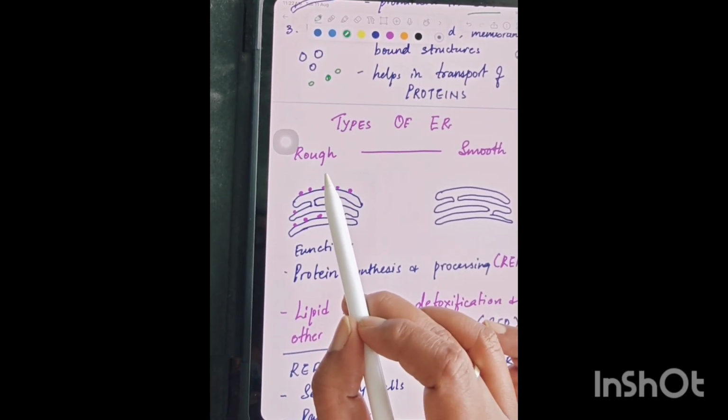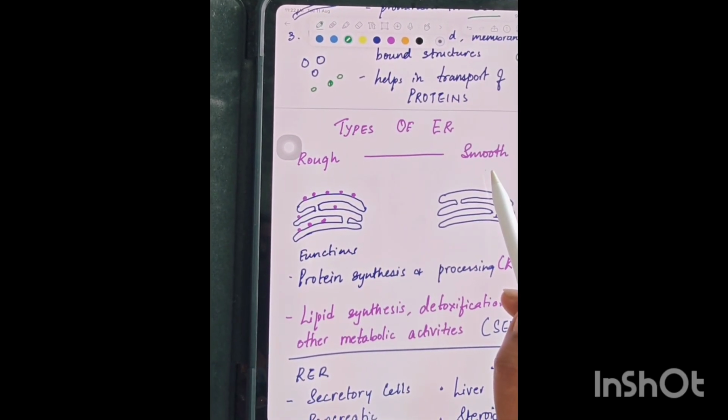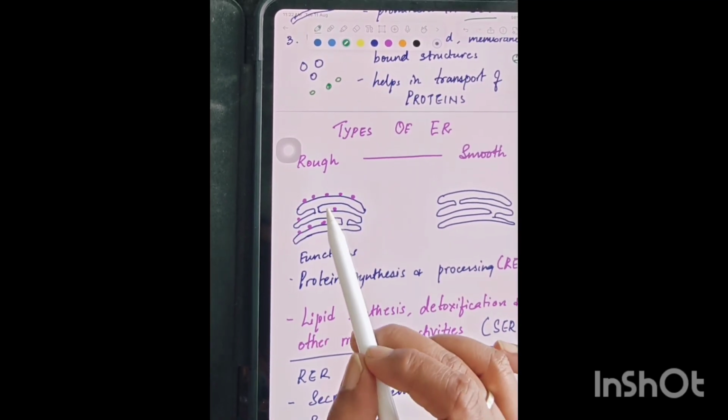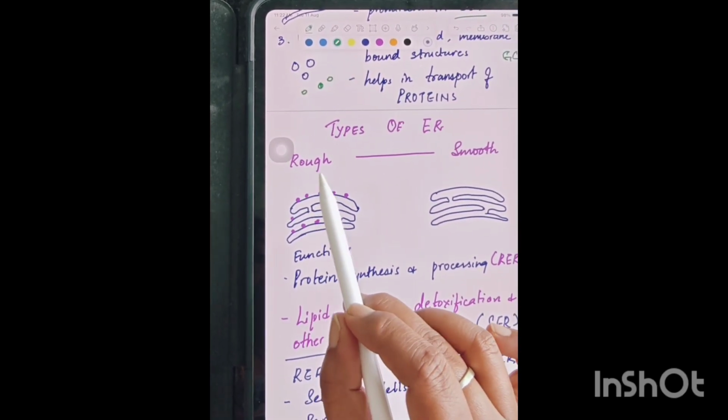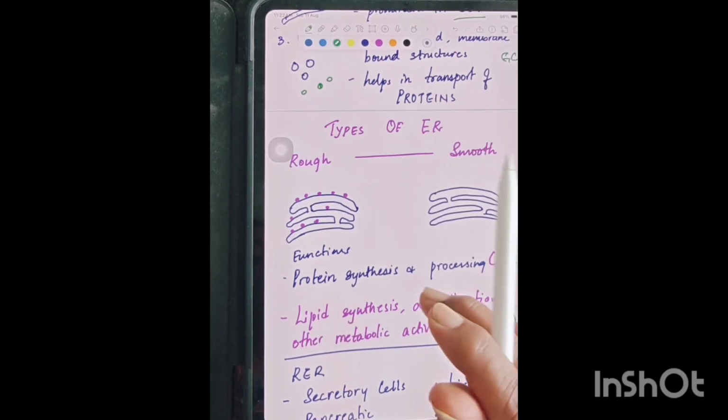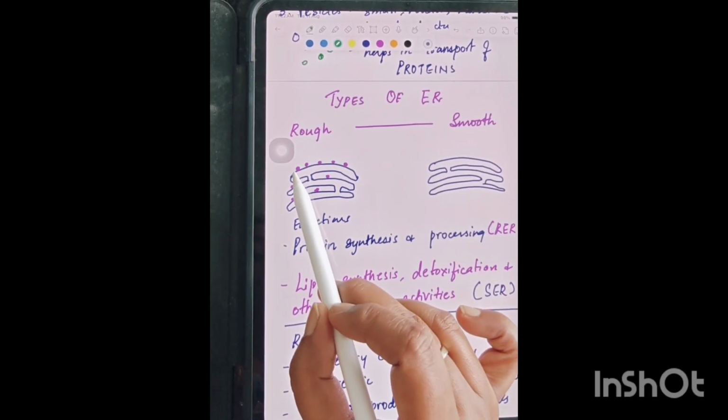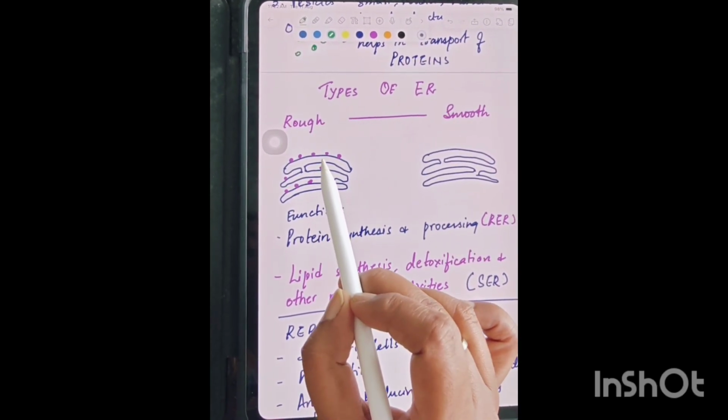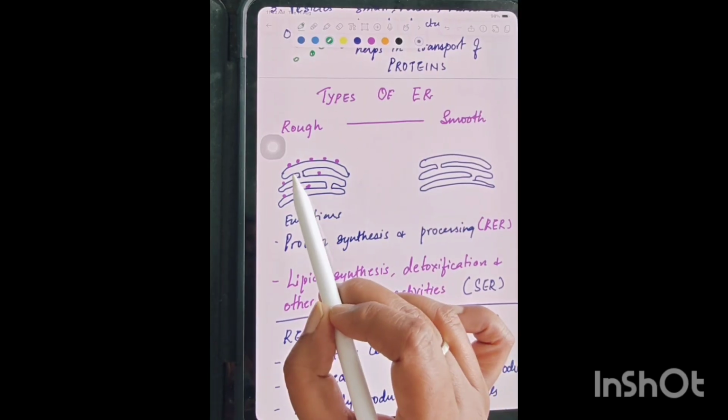Coming to the types, there are two types of endoplasmic reticulum: rough endoplasmic reticulum and smooth endoplasmic reticulum. It is called rough because ribosomes are present on the surface of the cisternae membrane.